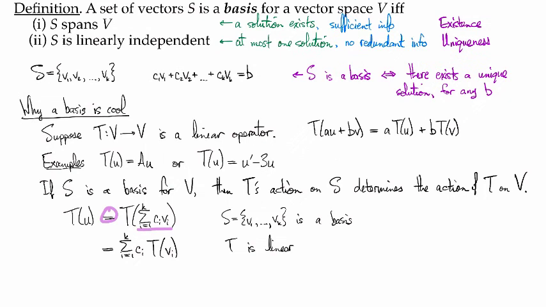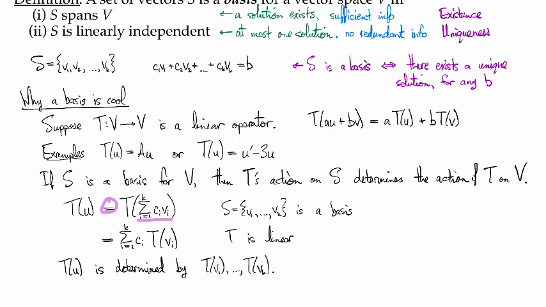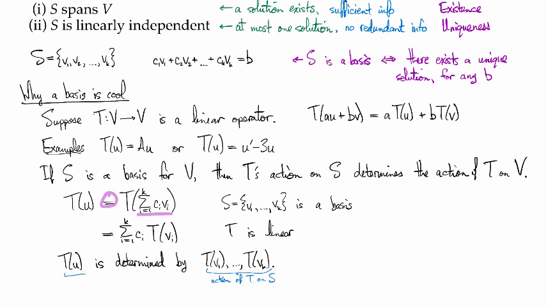So now T of u is determined entirely by T of v_1 through v_k. This is what I mean by saying that the action of T on the basis determines the action of T anywhere.